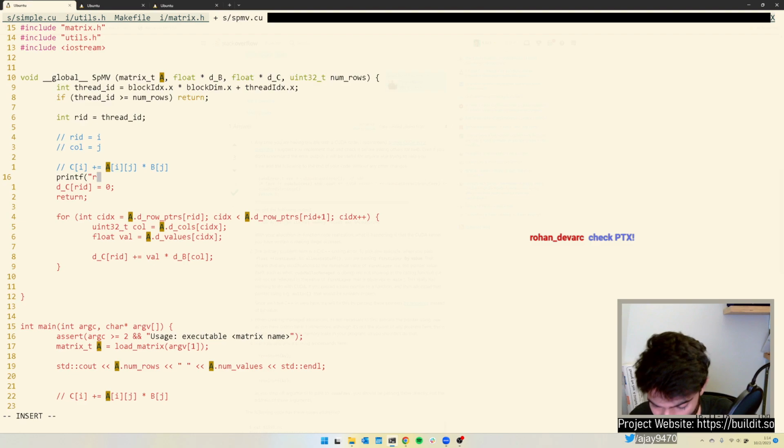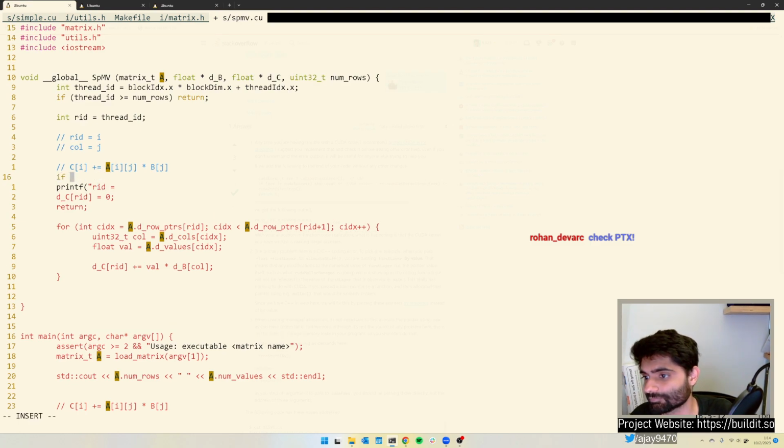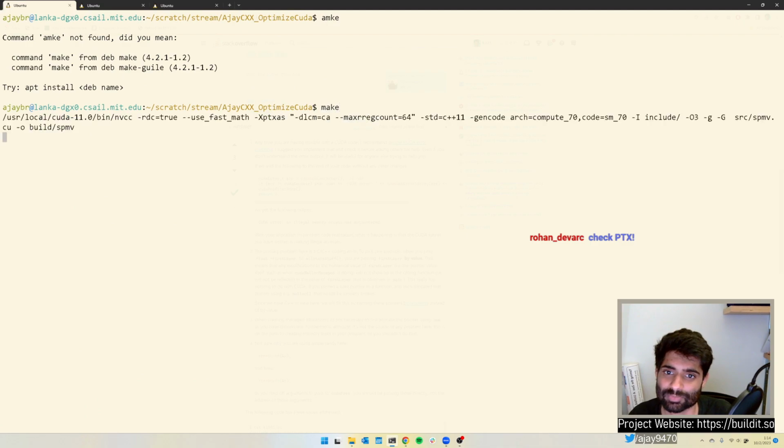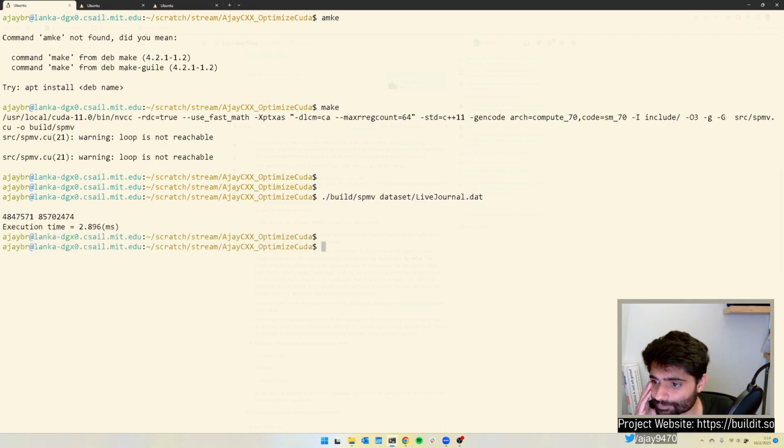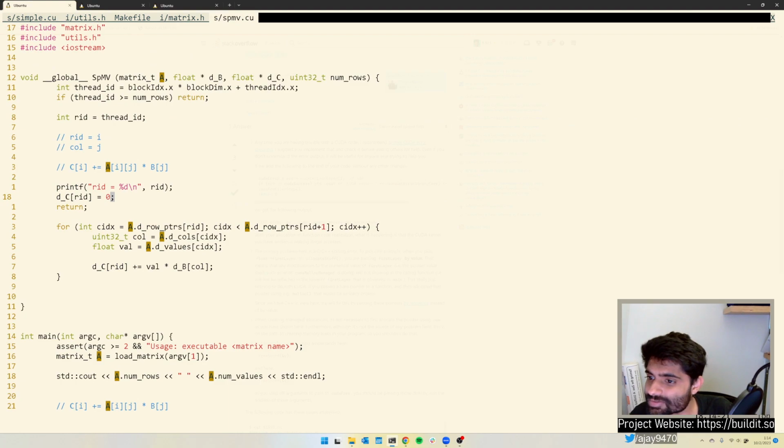CUDA has a printf, by the way. Let's see what it is even running. Probably there's some uninitialized memory which is causing the issue. I think it runs. The kernel is not running.